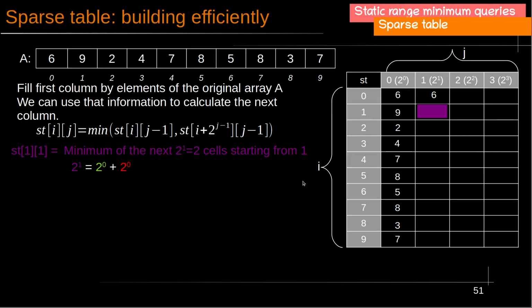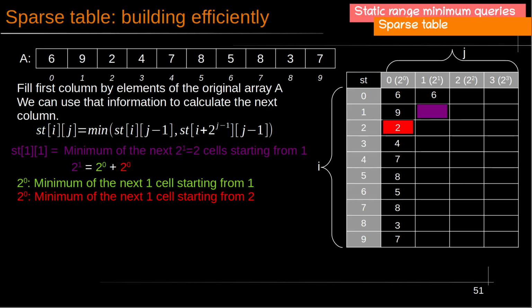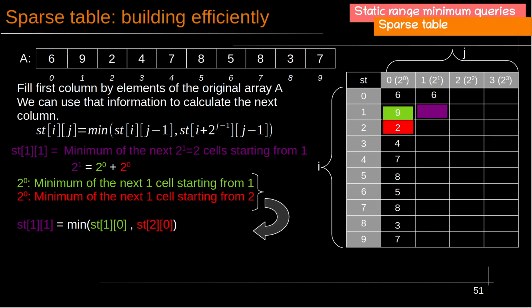So 2 power 1 is 2 power 0 plus 2 power 0, and 2 power 0 is the minimum of the next one cell starting from 1, and 2 power 0 is the minimum of the next one cell, the red one, starting from 2, as you see, which is the minimum between 9 and 2, which is 2.